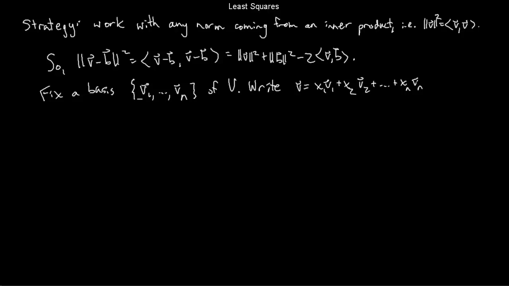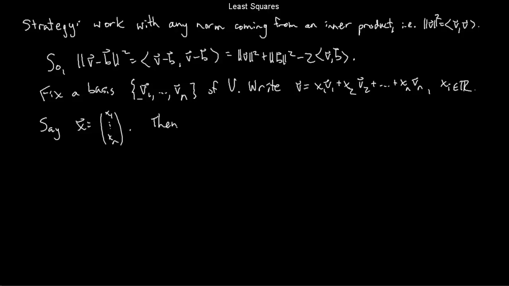Now these x1 through xn are called the coordinates of little v relative to the basis v1 through vn. These coordinates are some real numbers, and let me just put them into a column vector x1 through xn for convenience.